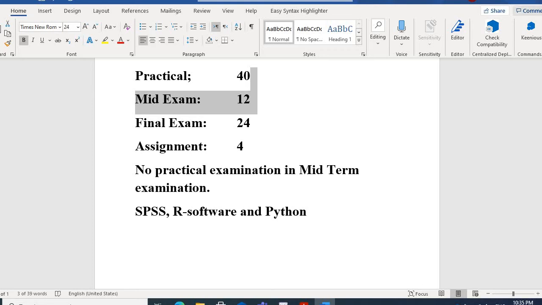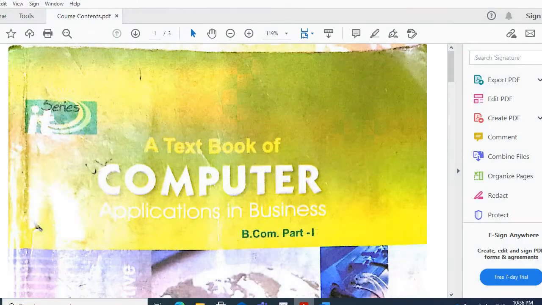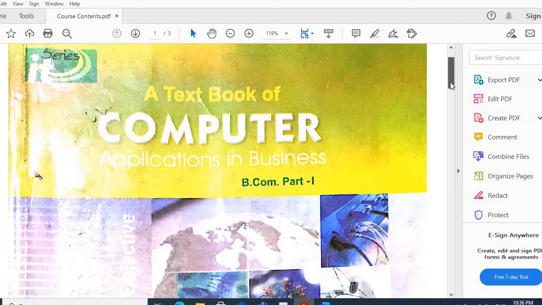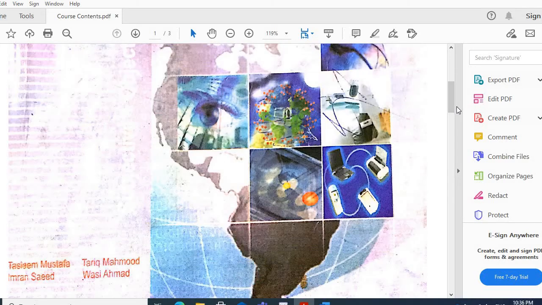And in theory, let me share the contents of theory of this course. This is a book which we will share. I will teach from this book, a textbook of computer application in business, BCom Part 1, written by Tasneem Mustafa and Tariq Mahmood.